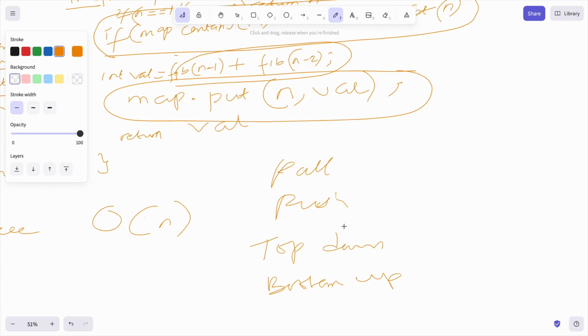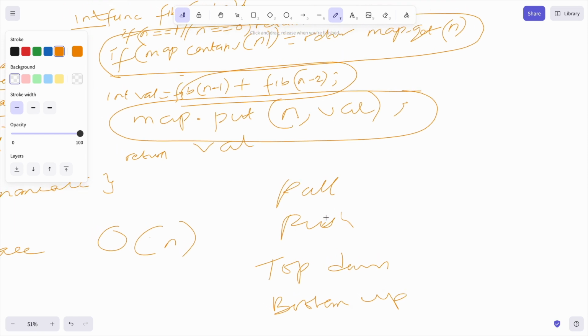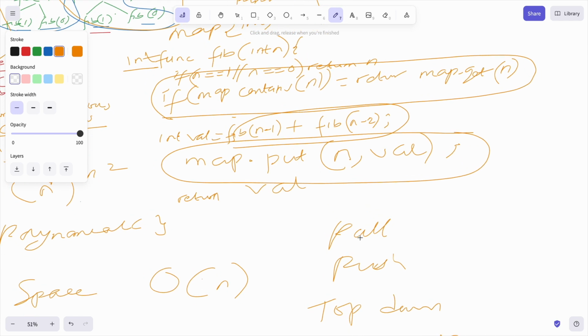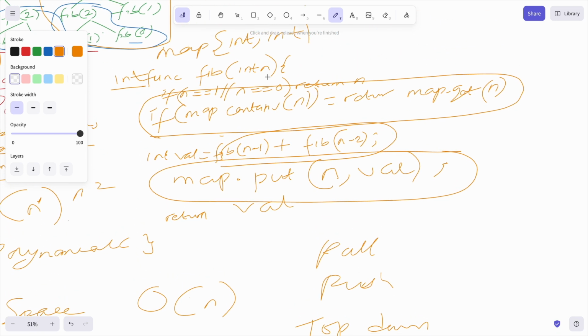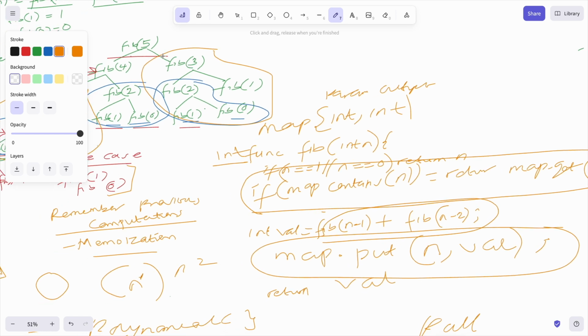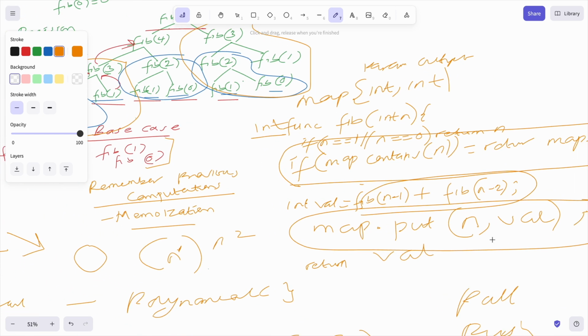It will take some time to really understand what they mean, and they can be a little confusing at the beginning. It suffices to say that the one you're seeing here is a top-down approach. We start from the top, from whatever number we're given, like 5, and we go all the way down to the base cases, and from there we come back. So that's a top-down approach.